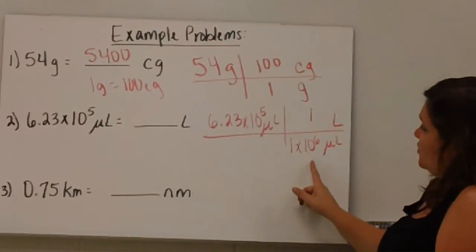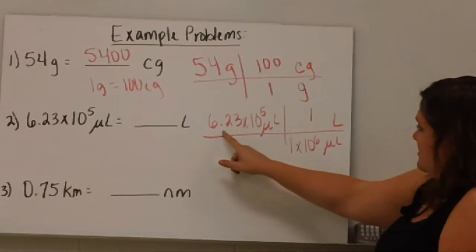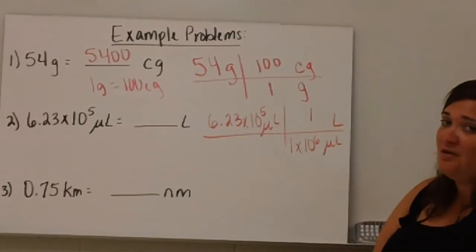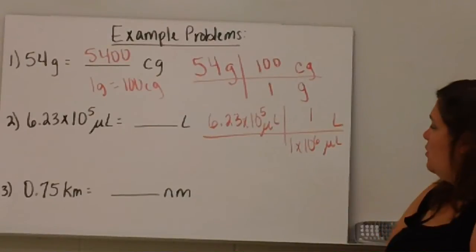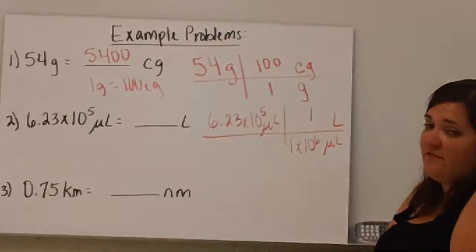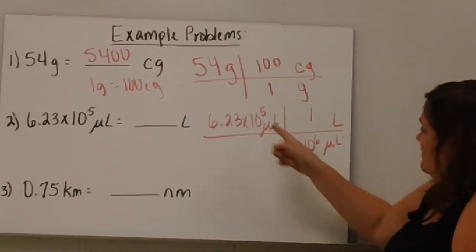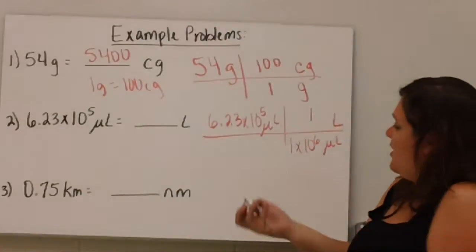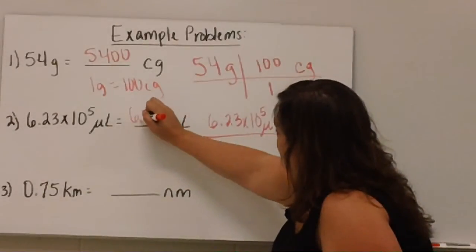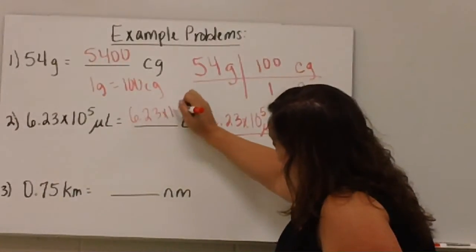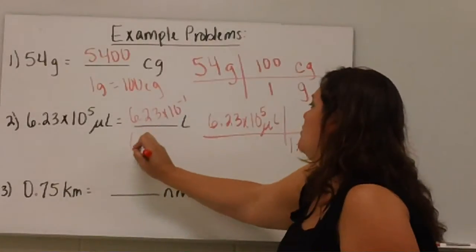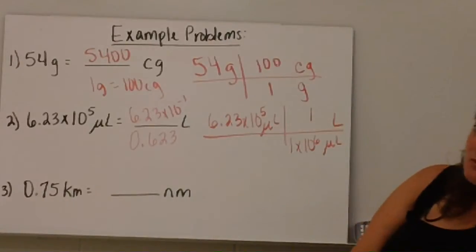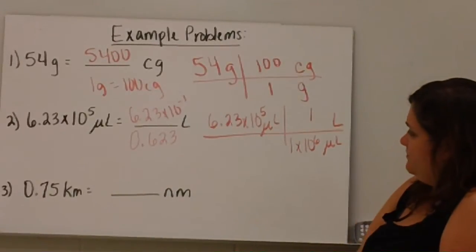And so in this instance, we're going to divide 6.23 times 10 to the 5th by 1 times 10 to the 6th. You can either plug this into your calculator, or if you remember your rules for dividing exponents, you subtract them, right? So 5 minus 6 would be a minus 1. So you can write the answer as 6.23 times 10 to the minus 1, or you could write it as 0.623. Either of those would be correct.